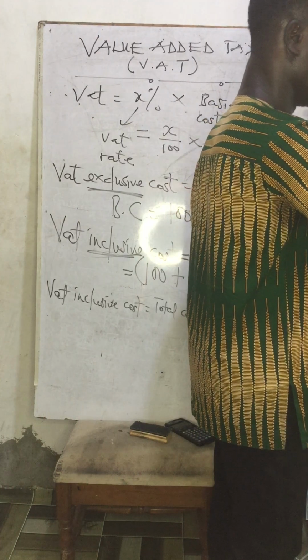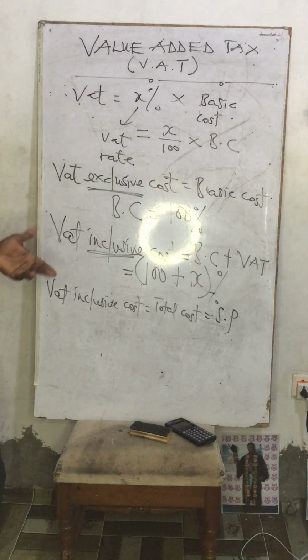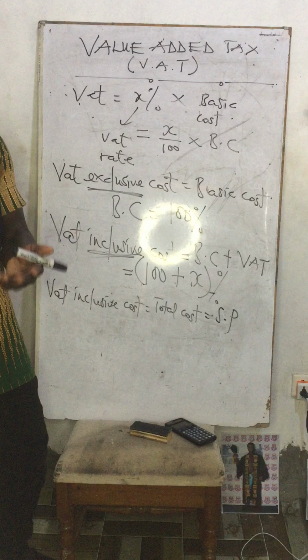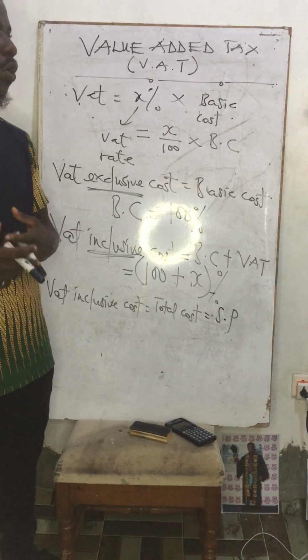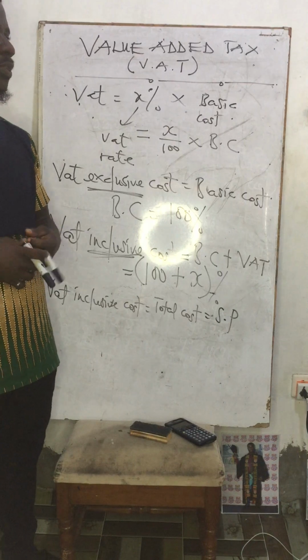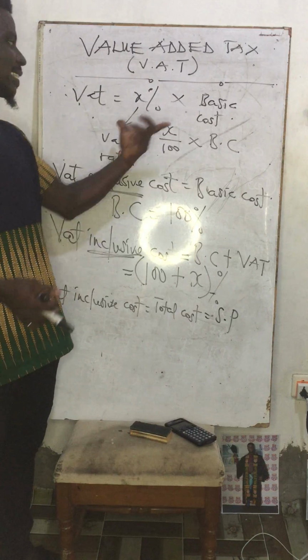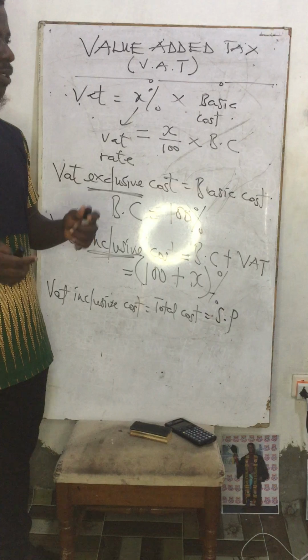All right, so let's proceed. Mathematically, what I've said is this. One, VAT is equal to the rate times the basic cost. Two, VAT inclusive cost or selling price is equal to the basic cost plus the VAT, and you know that VAT is calculated as X percent times the basic cost.